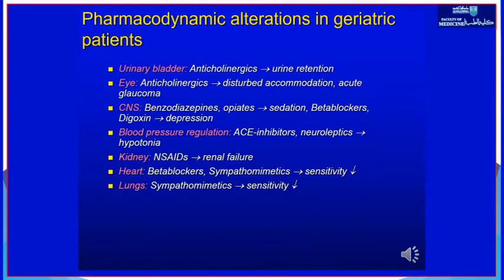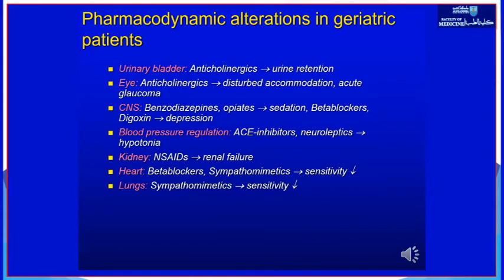On the CNS, benzodiazepines and opiates cause sedation, and that's why we don't like to use these drugs, particularly in the elderly, because of the sedative effect and because they cause patients to be drowsy, and can cause patients to fall and have fractures. Beta blockers and digoxin also have CNS side effects such as depression. For blood pressure regulation, be careful of ACE inhibitors and neuroleptics that can cause hypotonia.